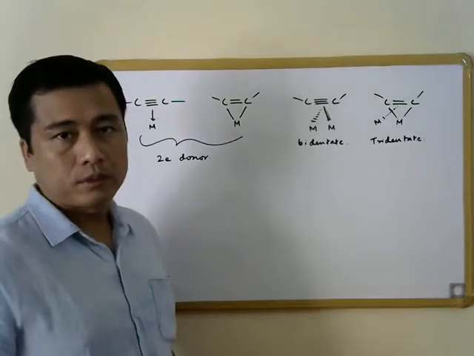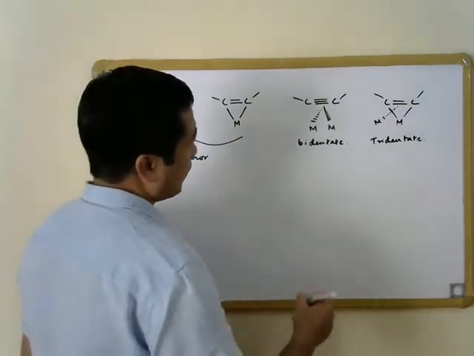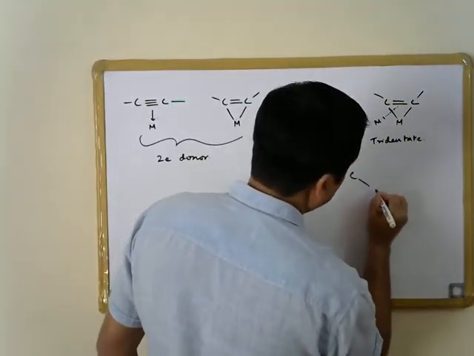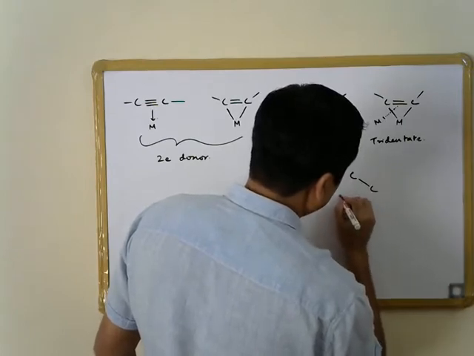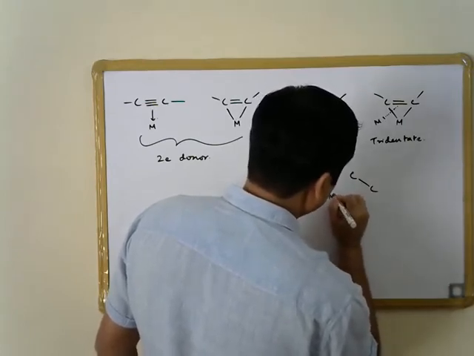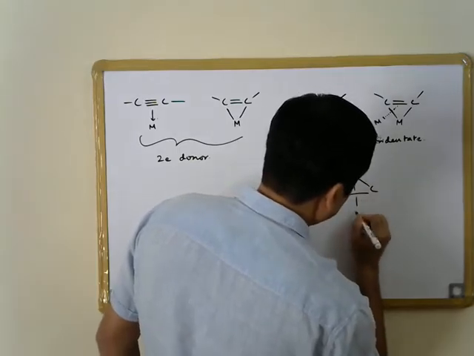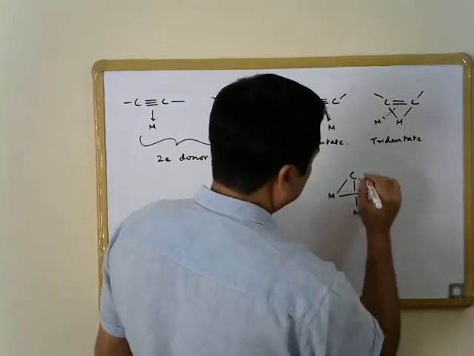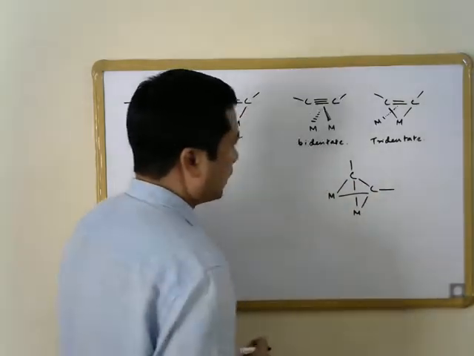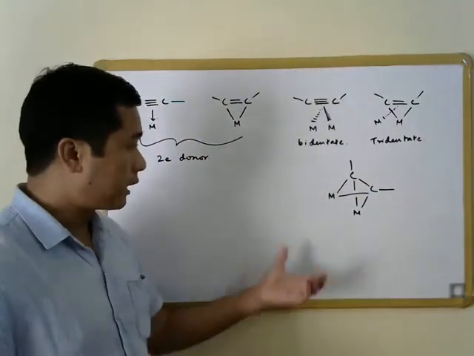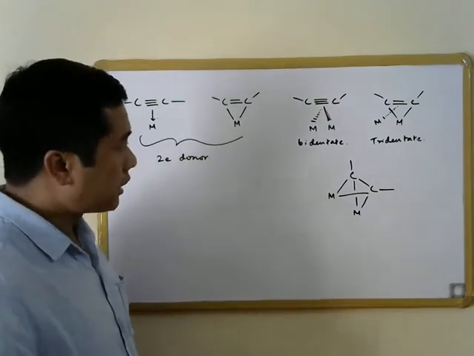Then we can also have a tetradentate binding mode, where the alkyne bridges two metal centers in this fashion, and the alkyne ligand acts as a tetradentate ligand.